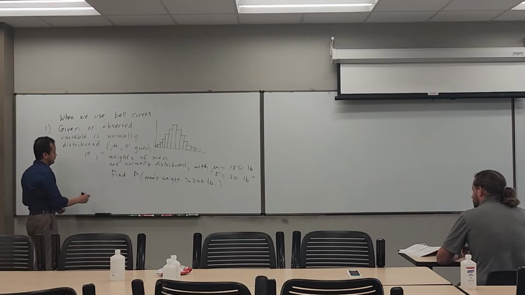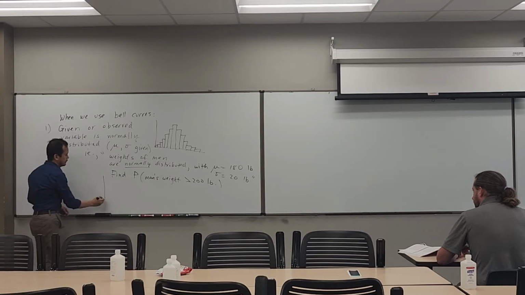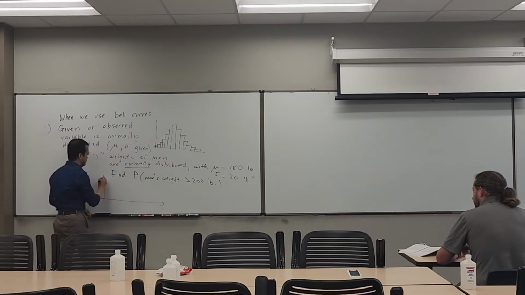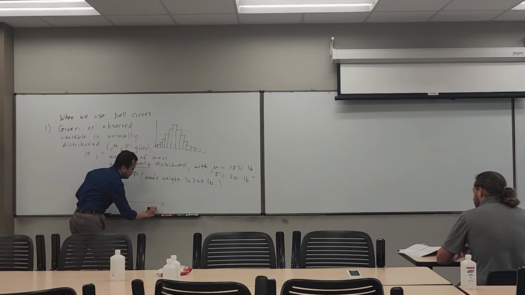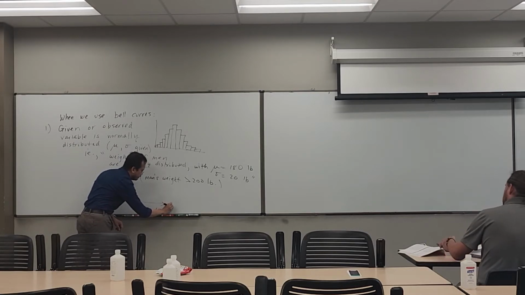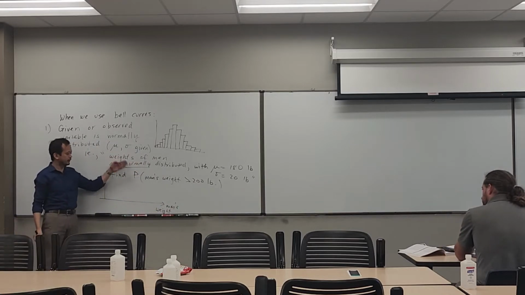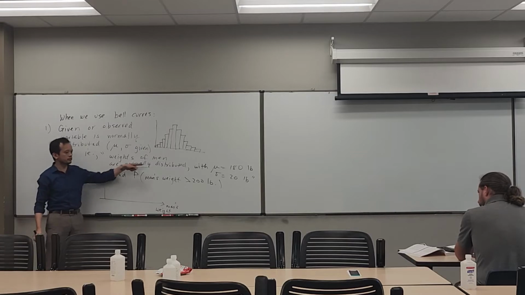So in this case, you're told that weights of men are normally distributed. We can visualize that by looking at the graph of this distribution. The variable here will be a man's weight, and each man's weight is normally distributed.